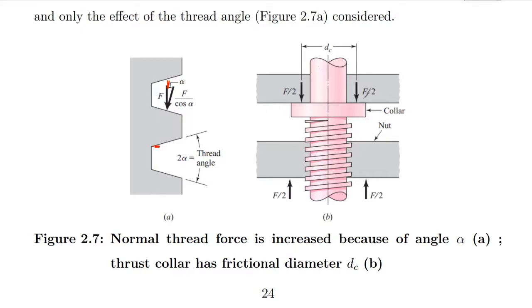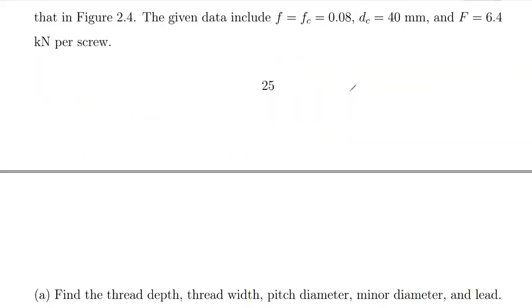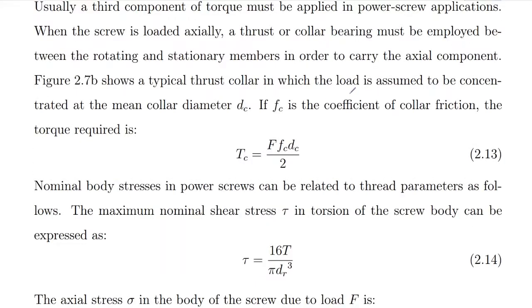So when this screw is being loaded axially, this collar is there to support it. So there will be a collar bearing that will take up the axial load that is being exerted on the screw. Okay, so in that case, that collar bearing has to be accounted for in the calculation for the screw.